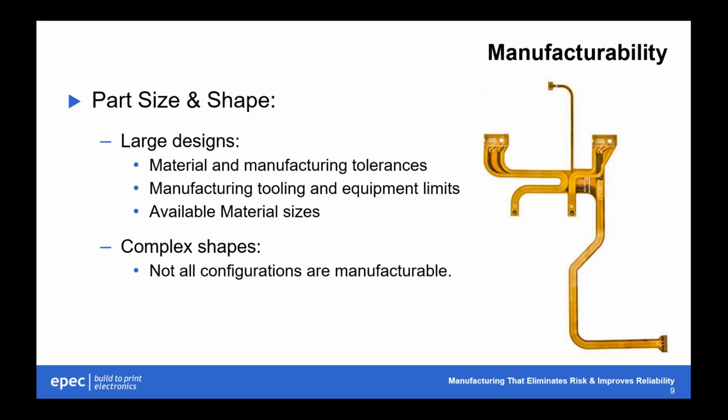There are definitely limitations in the size of parts that can be manufactured due to the tooling systems and the equipment limits. And ultimately, the raw materials are only available up to certain sizes, which may prevent excessively large parts from being manufactured.